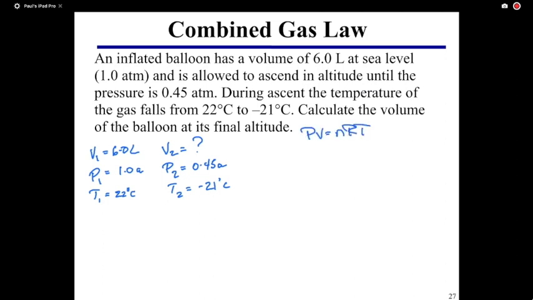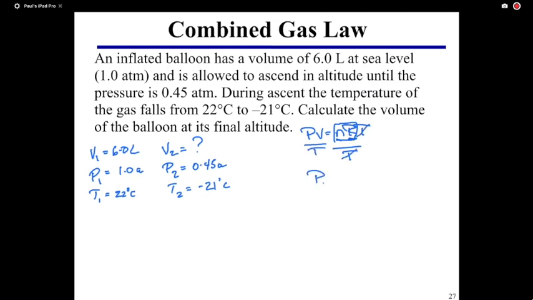Is this good enough? PV equals nRT? No. Which things are constant? R, good. And n. Then let's get all of the variables on one side, all of the constants on one side. Got it.